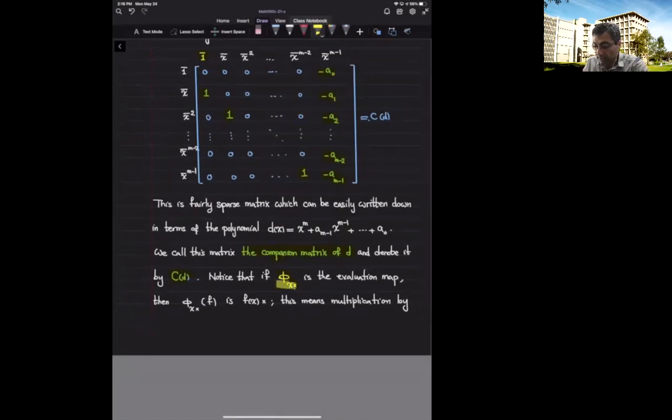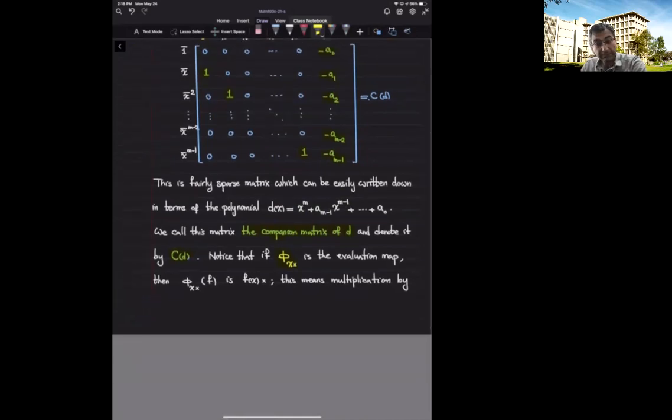I have to apply the evaluation map to a polynomial, and I ask myself, what is the kernel of this map? When I apply evaluation at some polynomial, what does that do? Whatever polynomial f I give you, you are supposed to evaluate it at multiplication by x.